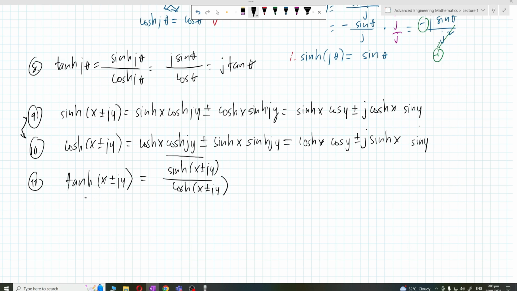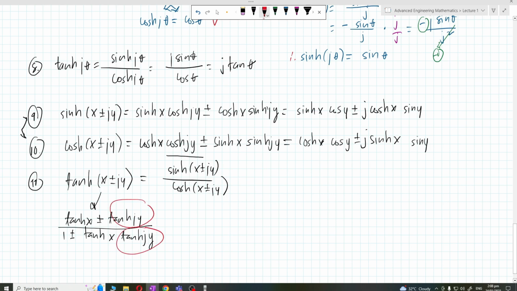Pwede naman guys yung ganito, tan hyperbolic of x plus minus tan hyperbolic of jy over 1 plus minus, tan hyperbolic of x and tan hyperbolic of jy. Then ito lang guys yung papalitan nyo, yung hyperbolic ng jy. Then calculator na.